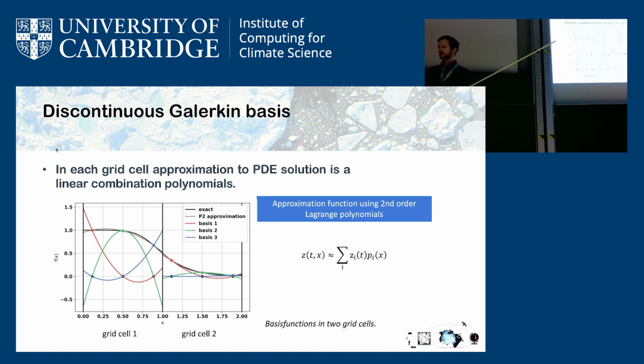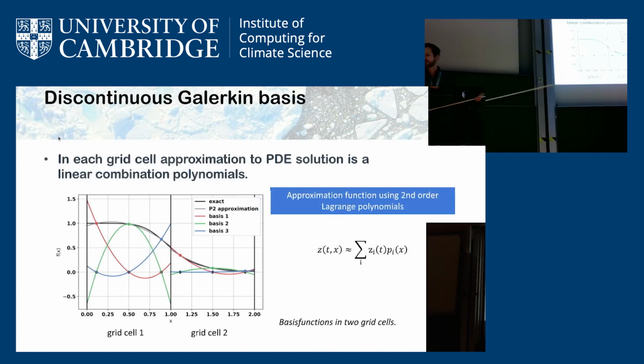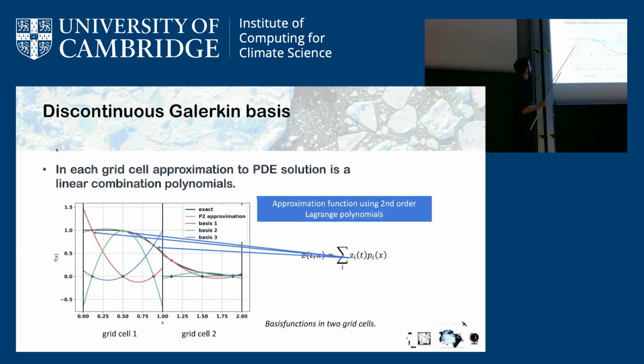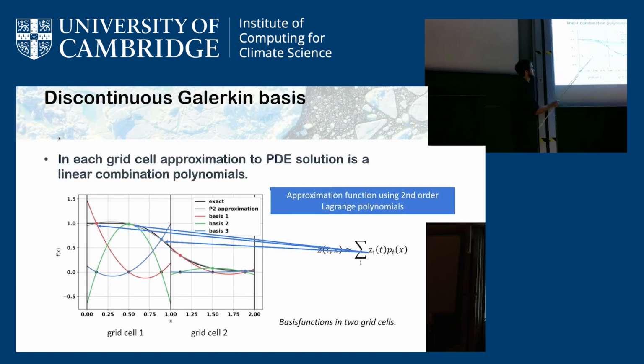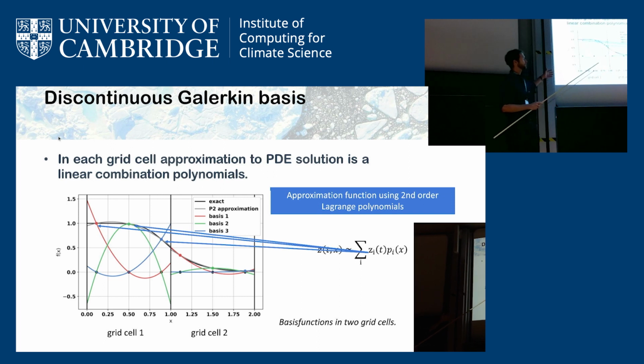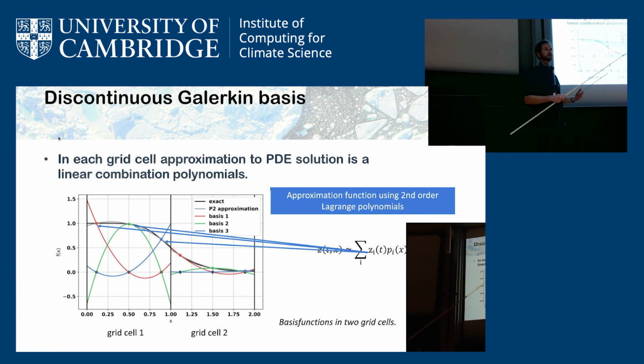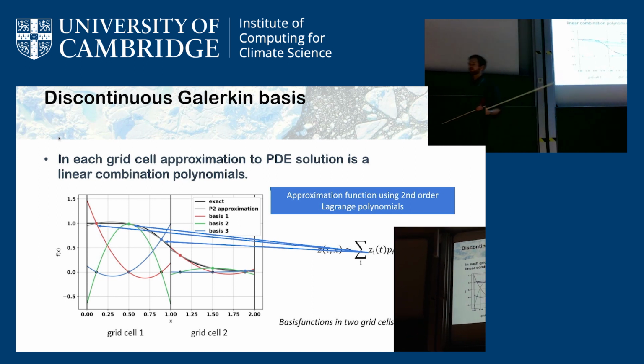And Firedrake uses Lagrange polynomials, in which the coefficients in front of the polynomials are defined by the value of your solution at a specific set of points. These are the Gauss-Lobatto points. As we will see later on, Lagrange polynomials are not the only option. Other families of basis functions are available.